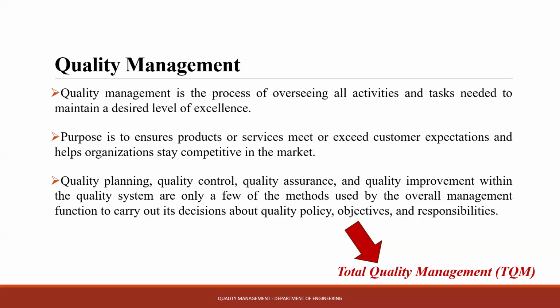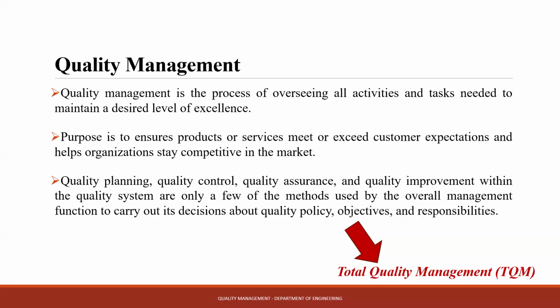So under TQM also, we are trying to maintain the quality with continual effort, and especially in total quality management, we always try to get the engagement of all employees. Everyone in the organization should engage with the quality management practices. That is one aspect of total quality management.